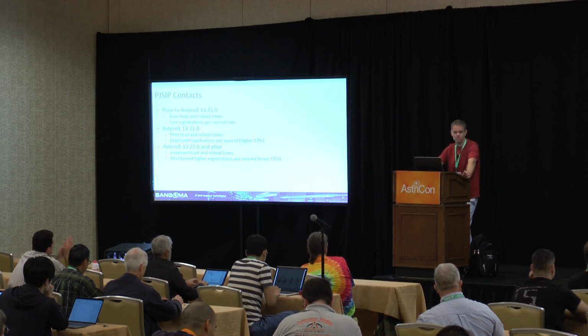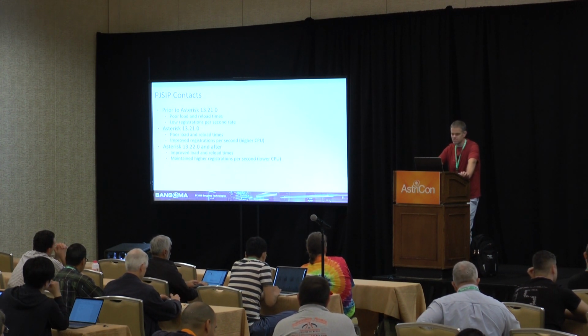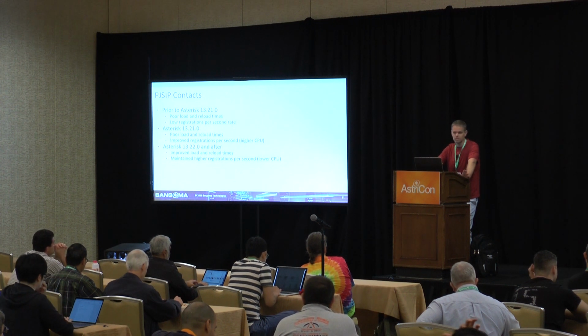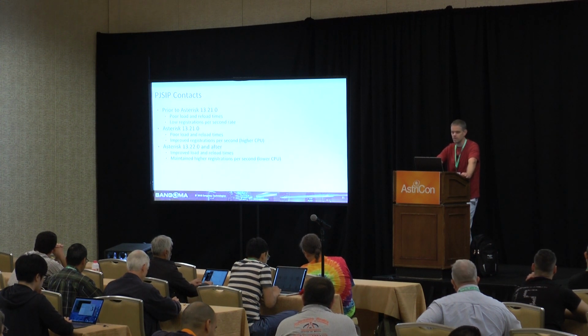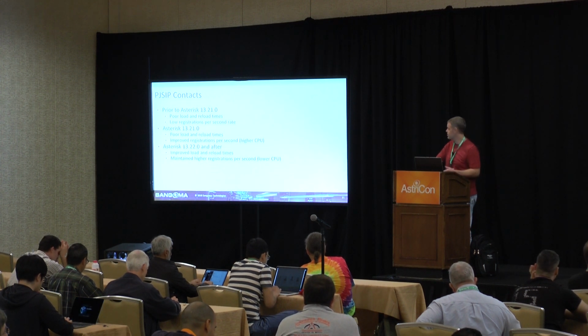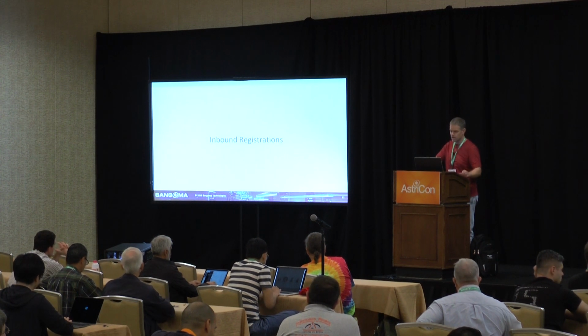Again, I tested 3,000 plus contacts. For either this or the inbound registration, I did up to 10,000, and it was still less than a second to process the contacts. There's other stuff loading depending on what you're doing with Asterisk, of course, but the actual loading time has severely decreased. So that's very good. This also had an effect on inbound registration, and that's what we'll get to next.